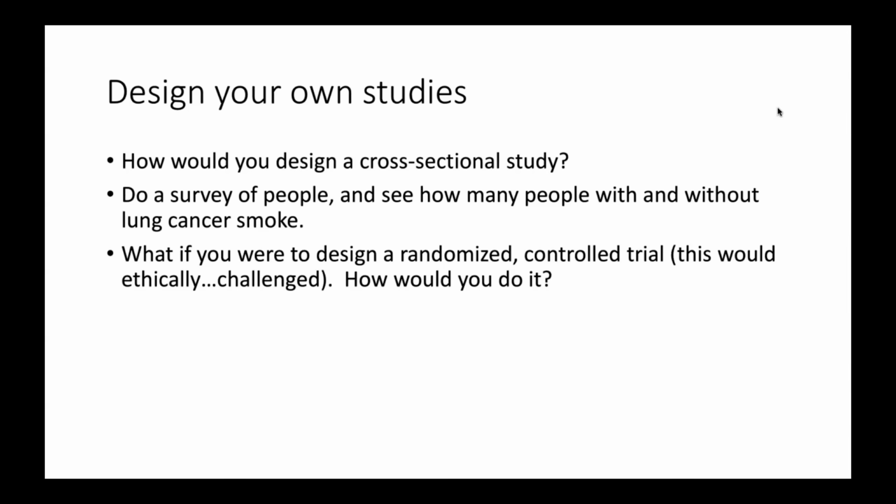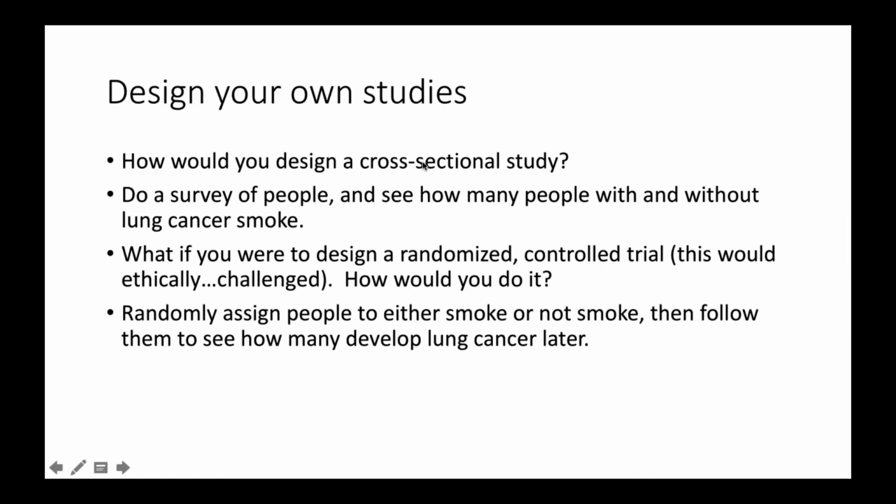Obviously, this would not be done. You would have a really hard time convincing any ethical board. Obviously, RCTs are much more for treating disease rather than causing it, so it sounds sort of silly in this situation, but that's one way you could do it.